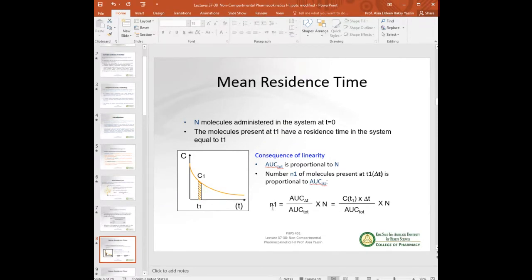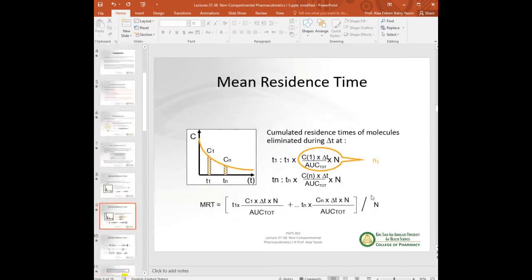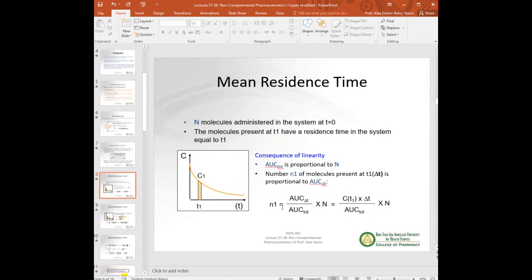Okay, so we can say that this Ni equals this total equation, this fraction, which can be written like this too.